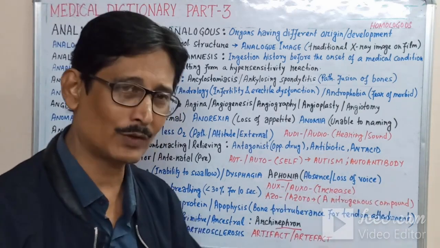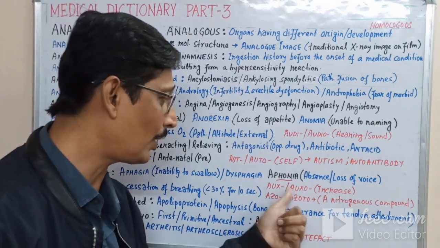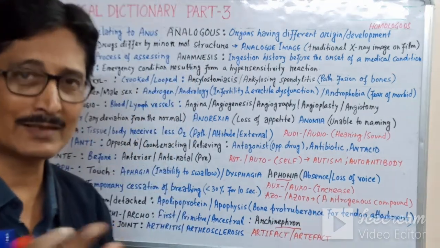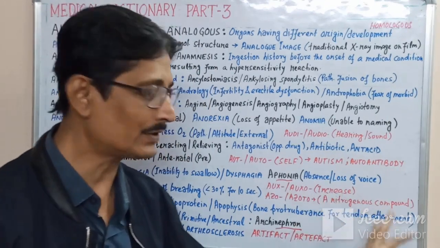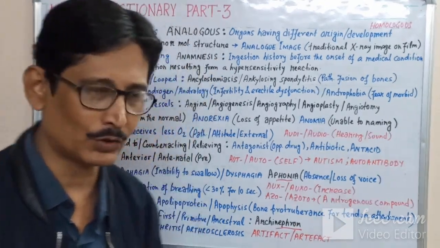These antibodies are known as autoantibodies. So AUX or AUXO means increase, like auxiliary, or azo or azoto, a nitrogenous compound is generally denoted azo or azoto.